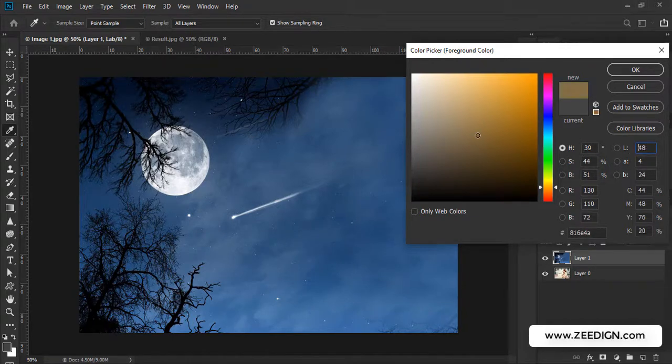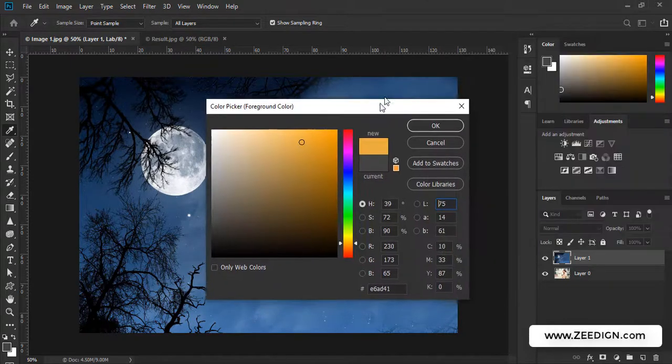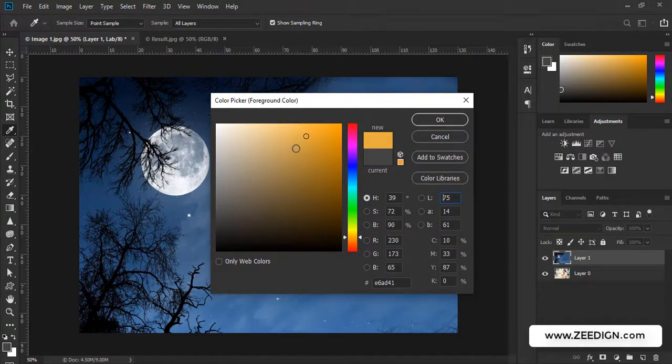So when I change some color, you will notice these values get changed as well. So when we say that the darken blend mode will compare the luminance values of both layers, it means it will compare these values of the luminance and RGB channels, and it will display the pixel which has the darker value.